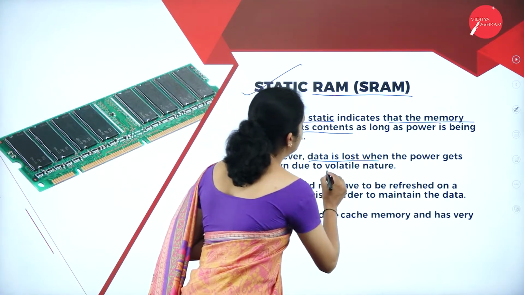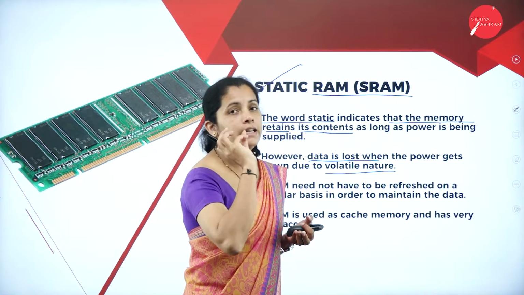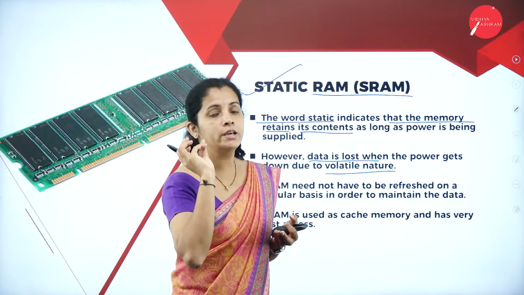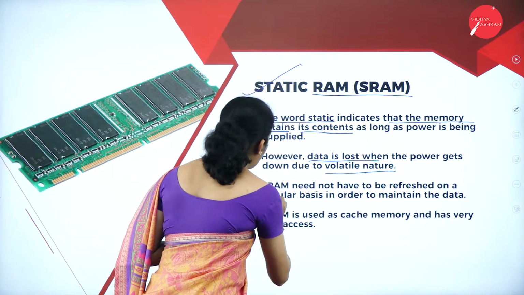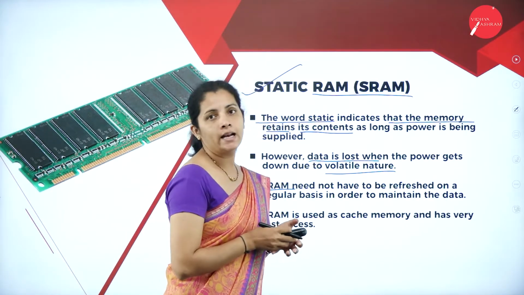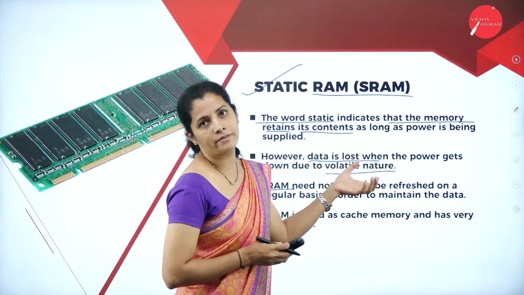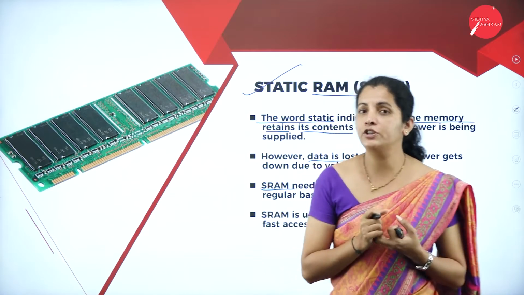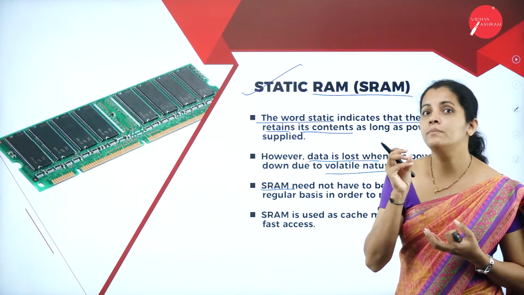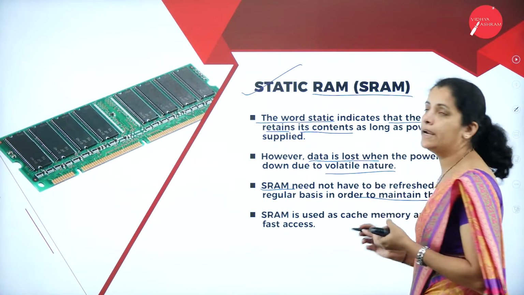For that reason, it is called volatile. That means static random access memory is a type of volatile memory. And the static random access memory need not be refreshed. That means each time there is no need to refresh the static random access memory in order to maintain the data.